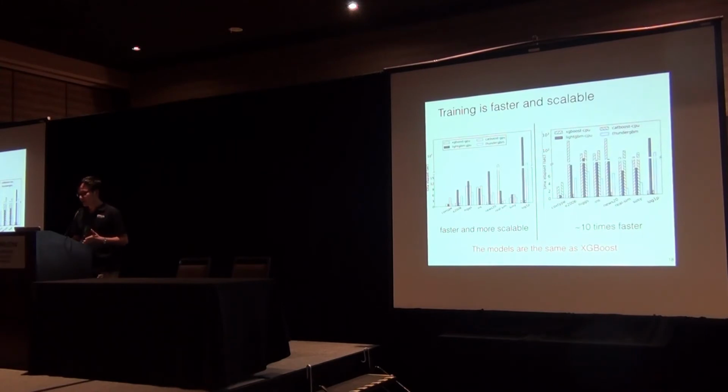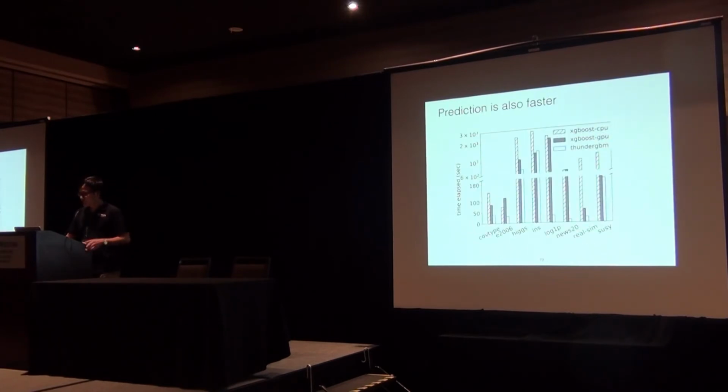Again, the model produced by our system is identical to that of XGBoost, which is arguably the most popular library for GBDT training. We also have the prediction module. It's around 5 times faster compared to the existing ones.